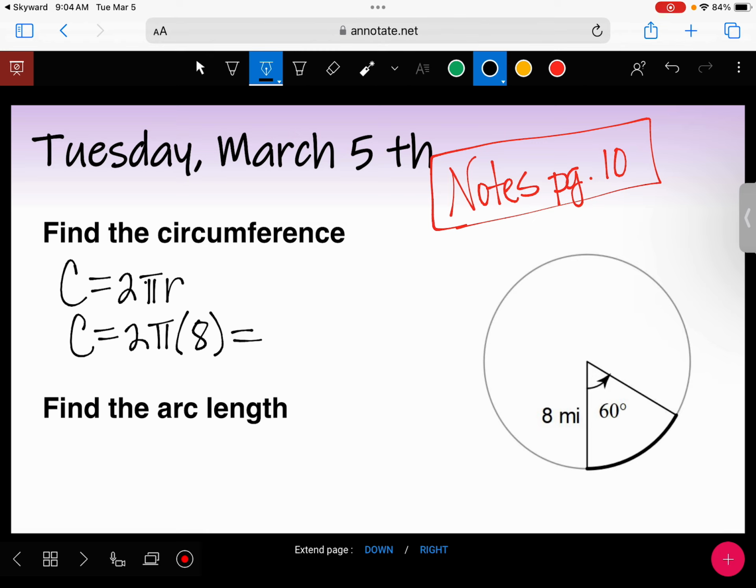And when you type that in your calculator, hit the button above to get your answer. So type in 2 pi 8.